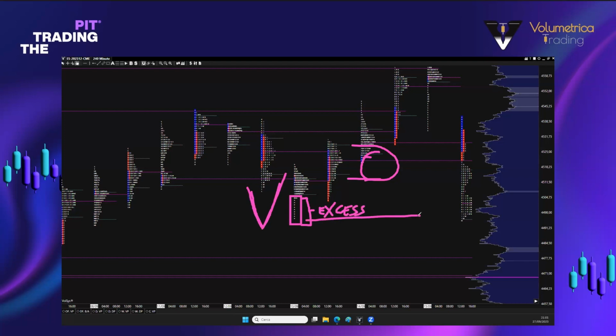Excess is almost a synonym for rejection. We have price getting away quickly from a previous area, which apparently wasn't accepted at all. On the other side, it was rejected very, very quickly. The velocity of this rejection is what makes the excess.